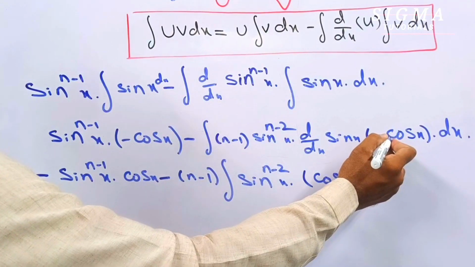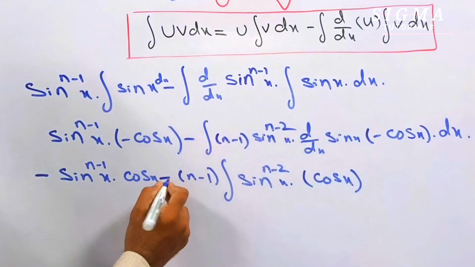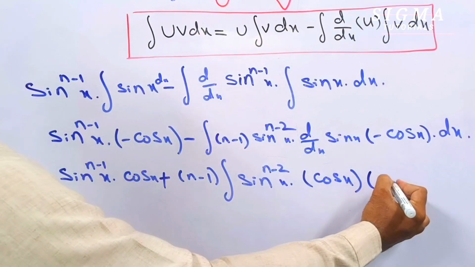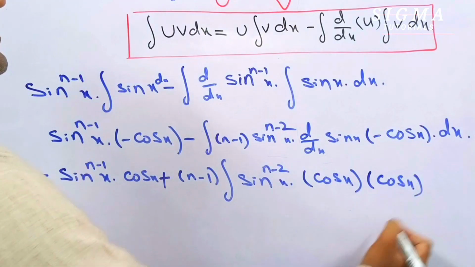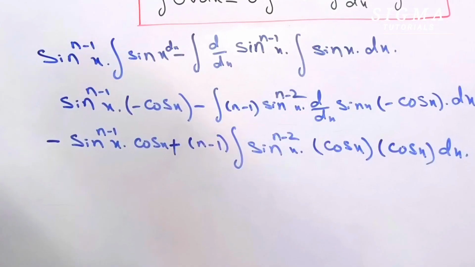Here this minus also I will take out; minus into minus will be plus. Now the remaining will be only cos x dx.